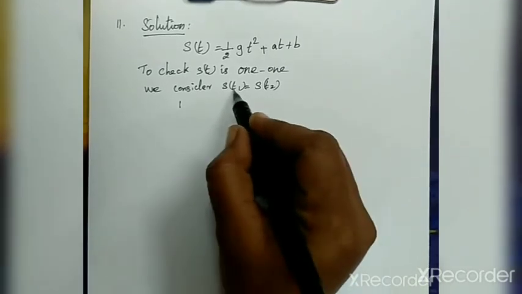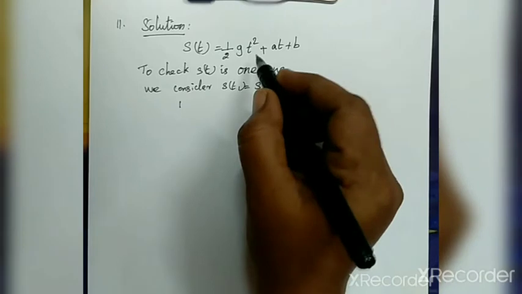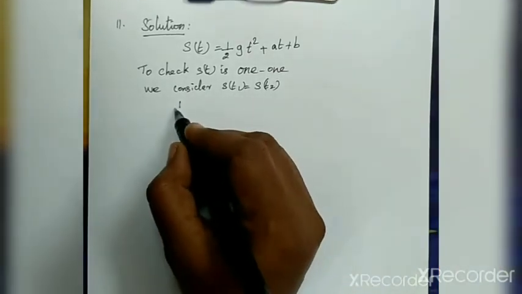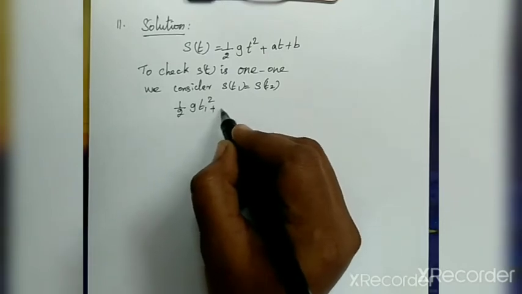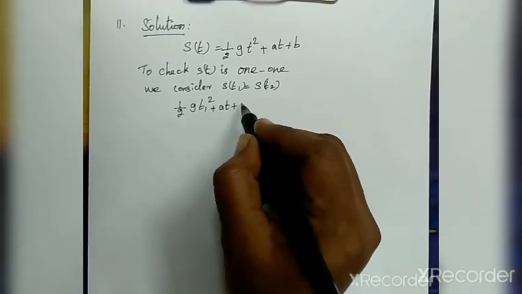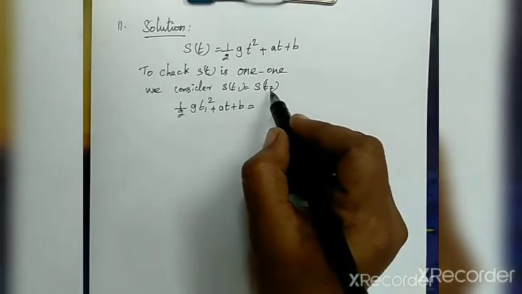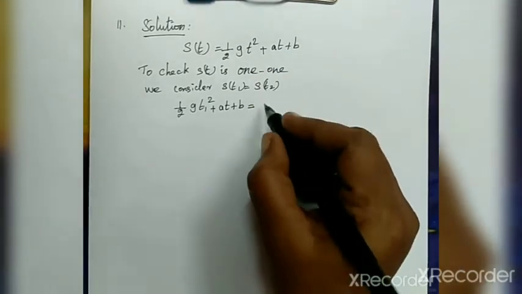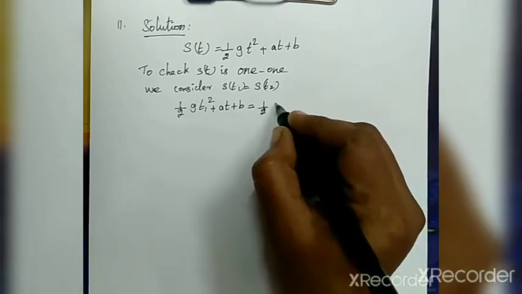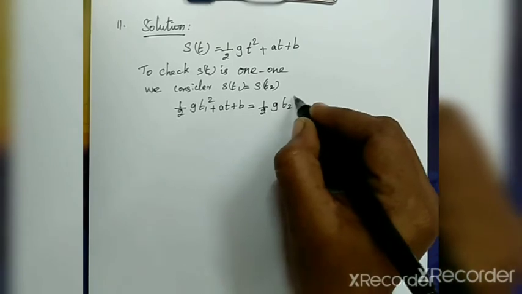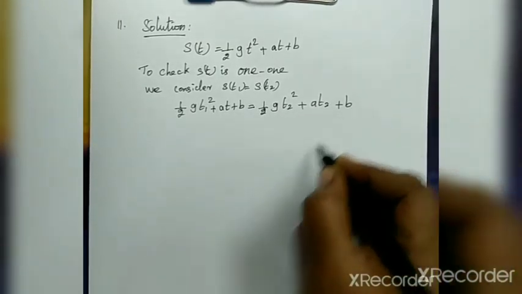S of t1 means we have to write t as t1. So half into g t1 square plus a t1 plus b equal to, here it is s of t2, so we have to write t as t2. Then it will come like this: half into g t2 square plus a t2 plus b.